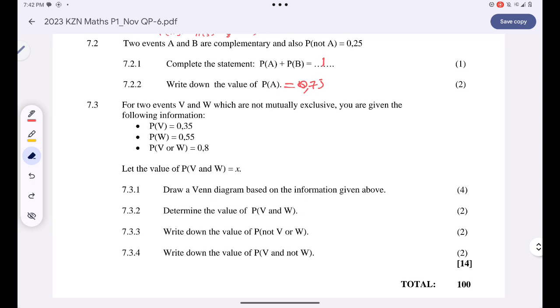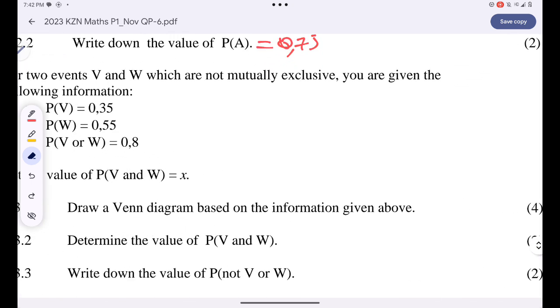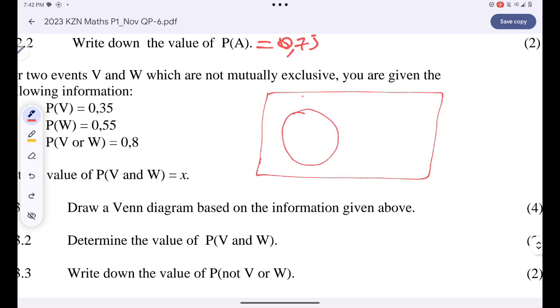Let the probability of V and W be X. If you draw a Venn diagram, as you are required to do, you'll simply have 2 events, event V and event W.